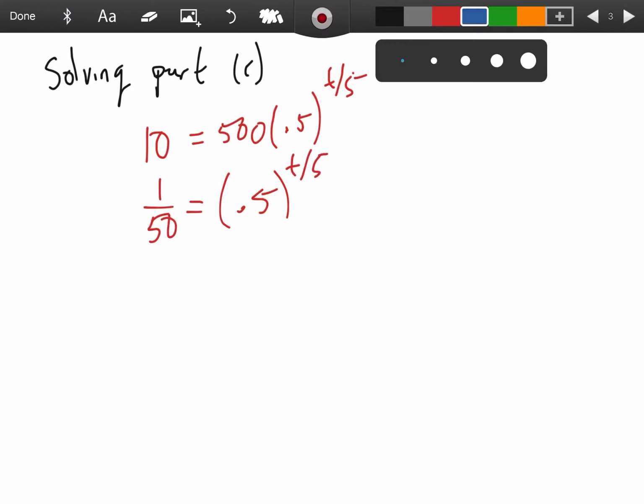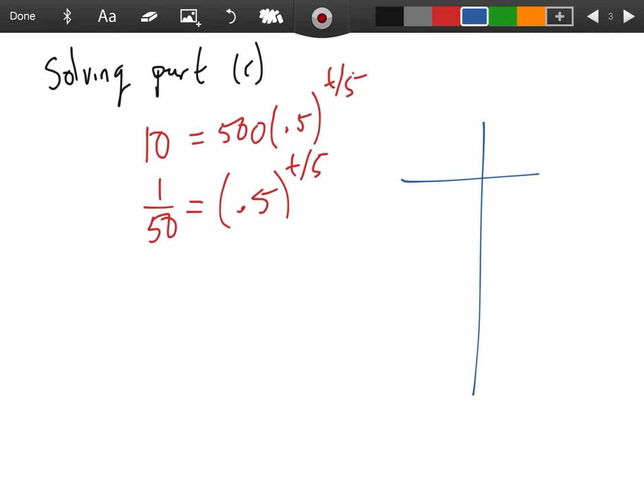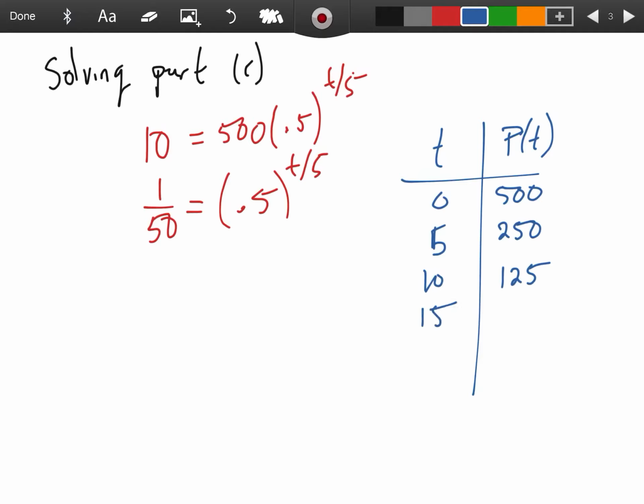Well, let's start off just by thinking about, well, after how many hours, how much is going to be left? Right, we know it's halving every 5 hours. So if we start with 500, after 5 hours, I'm down to 250. After 10 hours, it halves again, I'm down to 125. After 15 hours, it halves again. We're going to say that's 62.5.